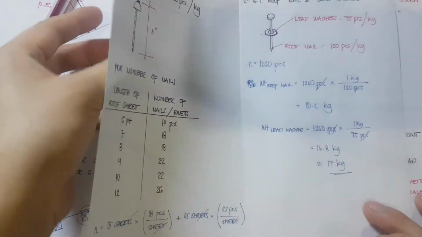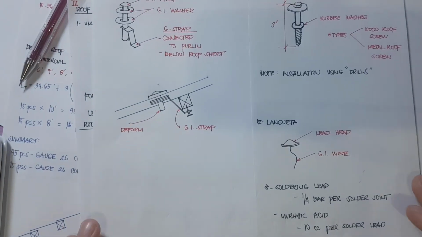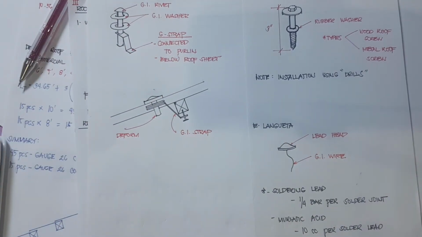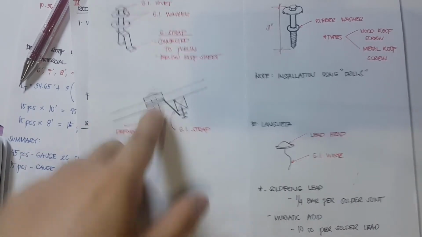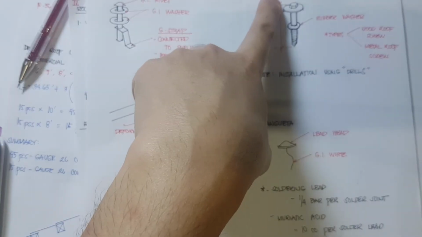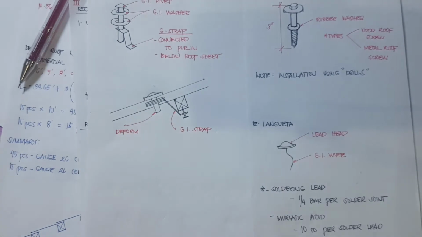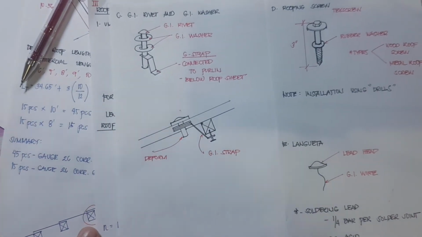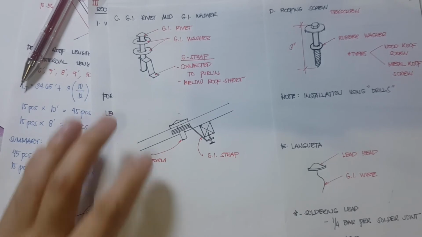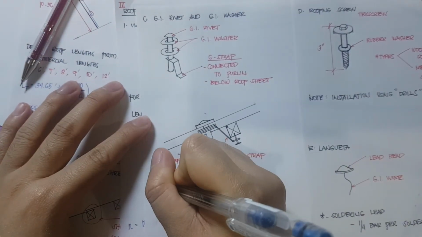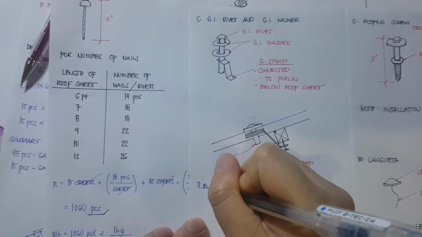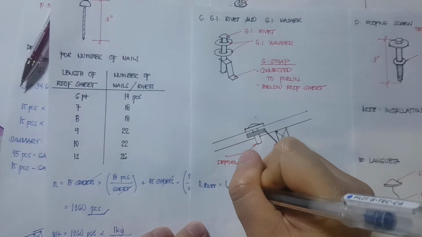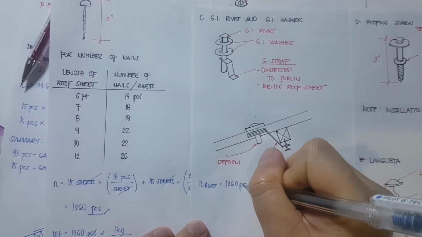Next, we have the GI rivet and the GI washer. For the GI rivet, if our purlin is metal, for GI rivet and GI washer, same with roofing screw. For the number of rivet, we have the same solution. It is 1,260 pieces.